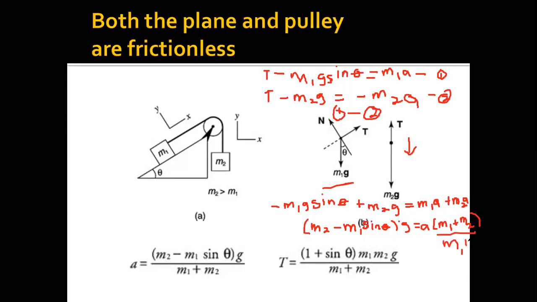and do the same for this side, which is M1 plus M2, or M2 plus M1, you're going to get your acceleration to be what? M2 minus M1 sine theta, G over M1 plus M2.